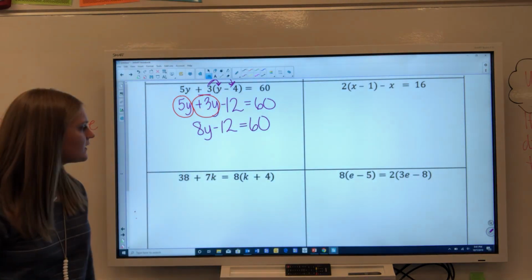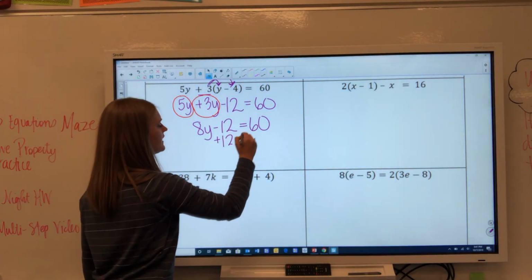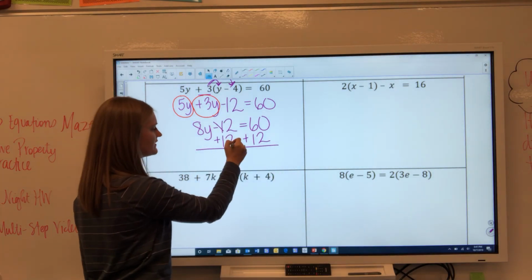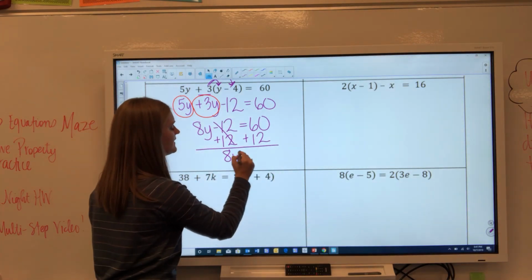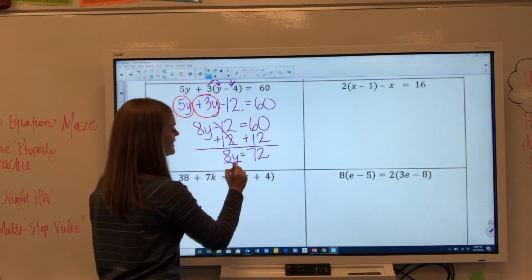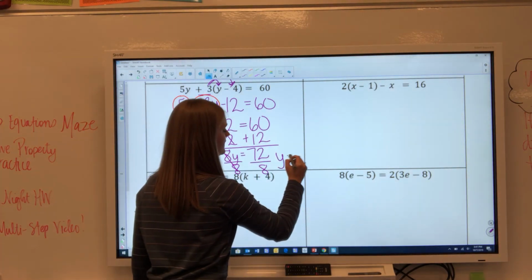So now I just have my two-step equation. I'm going to add 12 on each side. -12 plus 12 is 0. We have 8y is equal to 72. Last step, we're going to divide both sides by 8. And I have y equals 9.